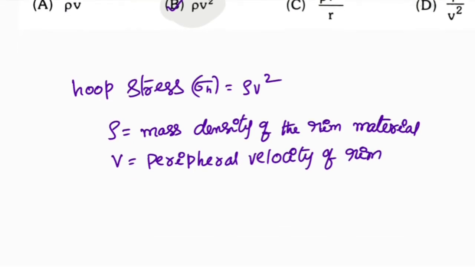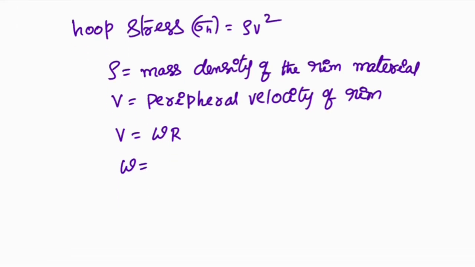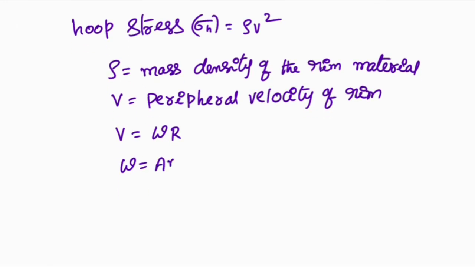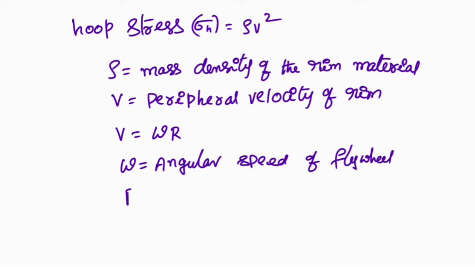It can also be written as V equal to omega into radius, where omega equal to angular speed of the flywheel, and r equal to radius of the flywheel rim.